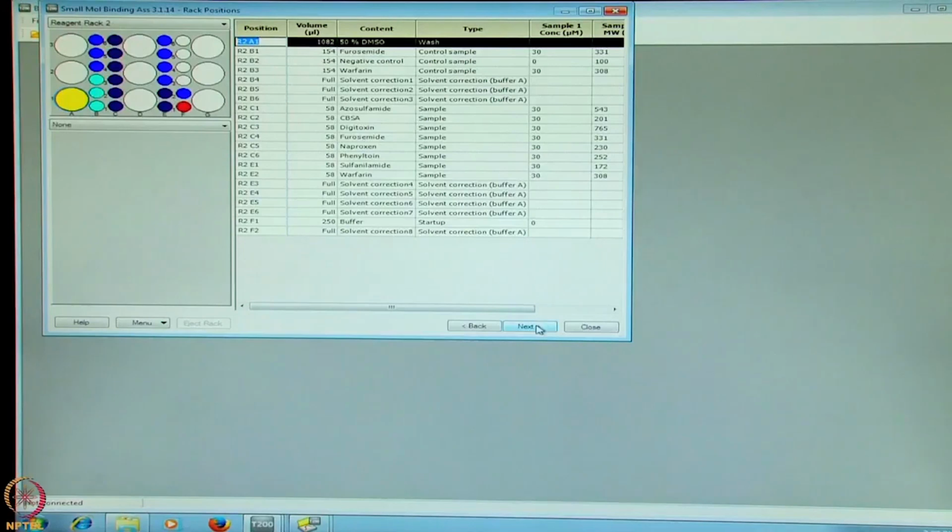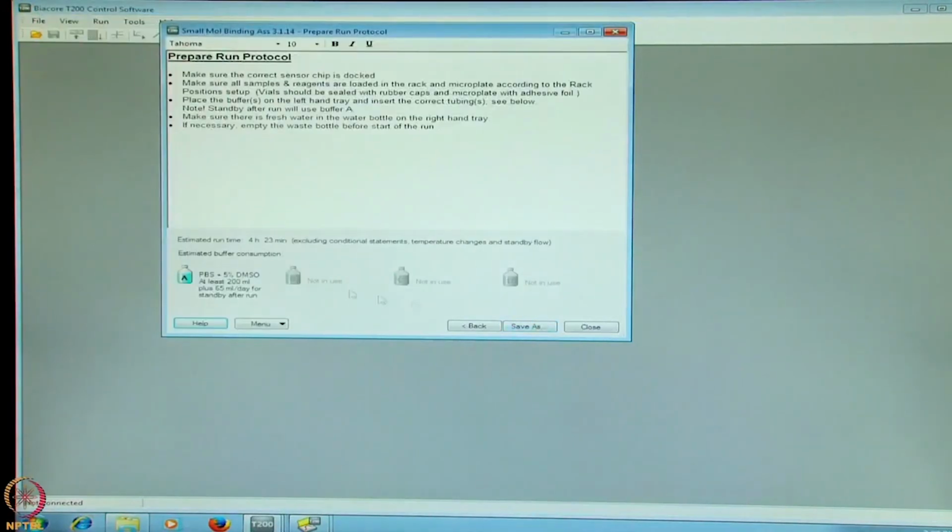We will say next. The whole binding experiment, including solvent correction, takes 4 hours and 23 minutes and requires at least 200 ml of phosphate buffer saline with 5% DMSO included in the running buffer.